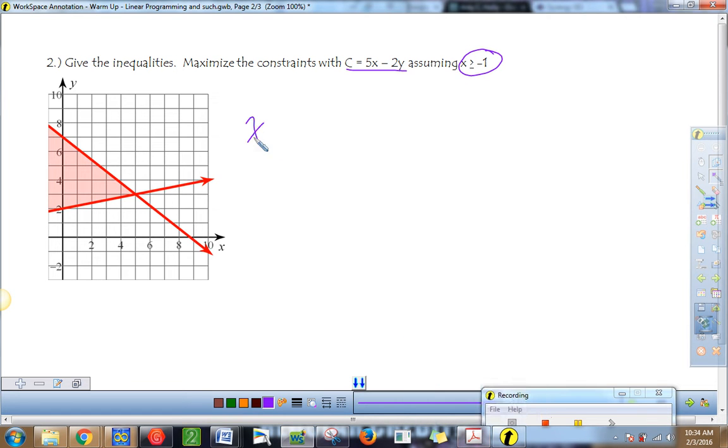So that is already one of your inequalities. What does this line look like? What does this mean? The solid line, where is it? It's going to go up and down. It's going to cross the x-axis at negative 1. That's what this means. So there is a line here.